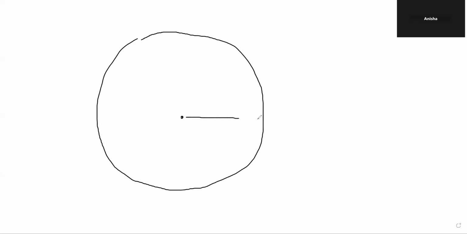So earlier, let's say Z1 was here and Z2 was here. This angle was theta 1 and this angle was theta 2. Z1 square would be at the 2 theta 1 position, right? Yes, sir. And Z2 square would be at the 2 theta 2 position.